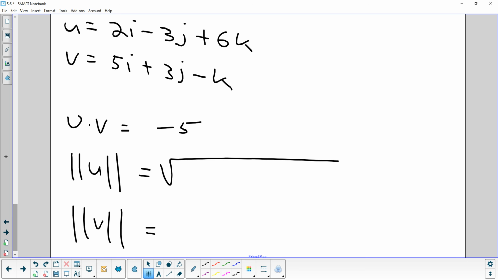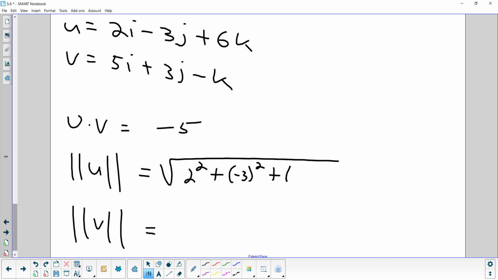And the magnitude of u, how about Vivian, to find the magnitude of u, what's the first thing I would do? 2 squared. Yeah, next thing, plus negative 3 squared. Good.